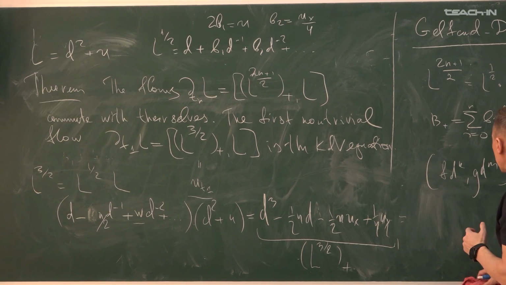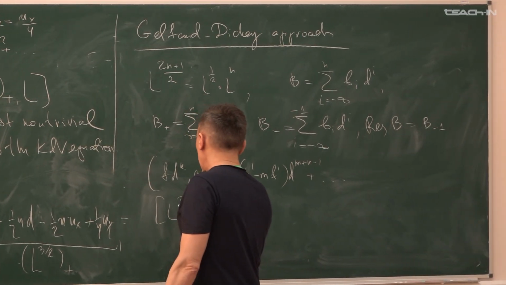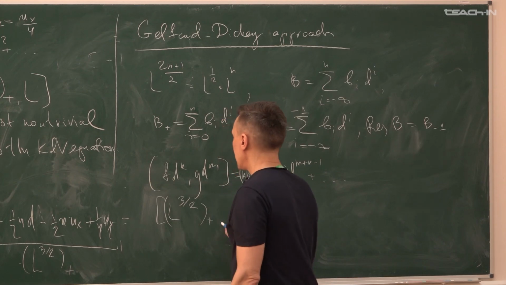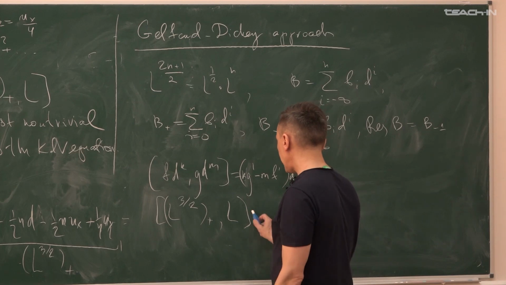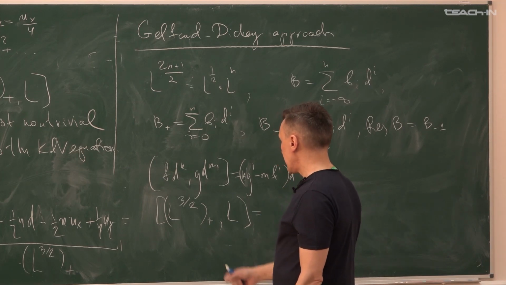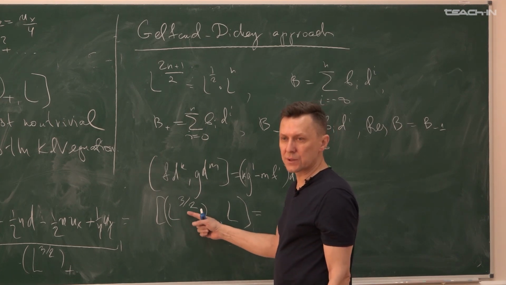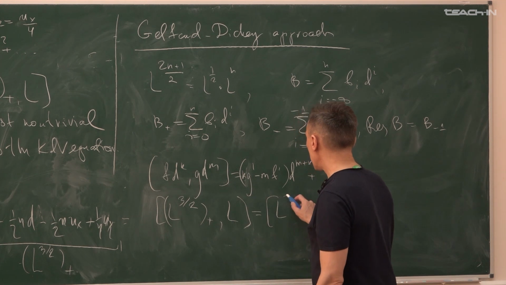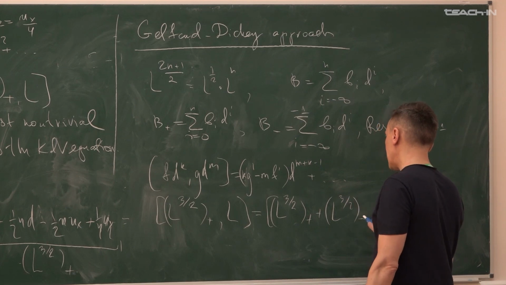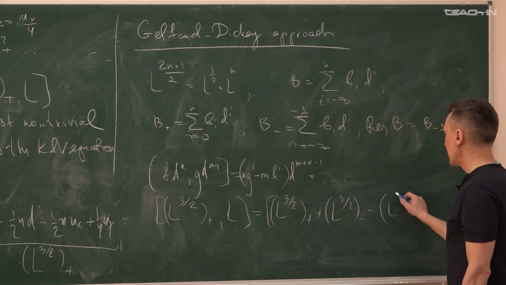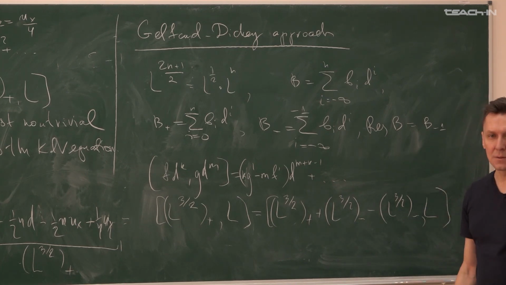And it is quite simple to view. Let us take L 3 over 2 plus commutator with L. Let me add and subtract here the minus part of this power. So it is plus L 3 over 2 minus, L 3 over 2 minus, and commutator with L. Okay?